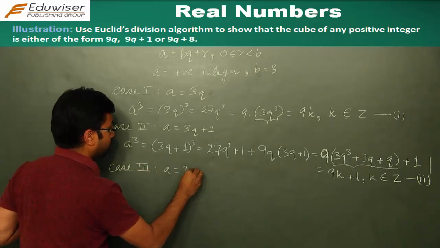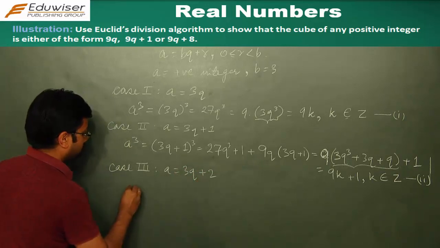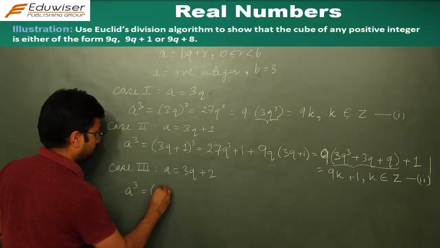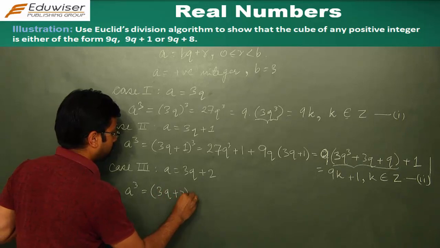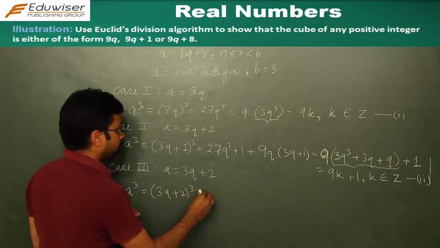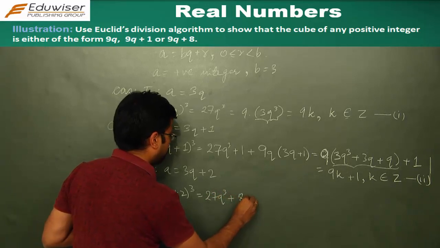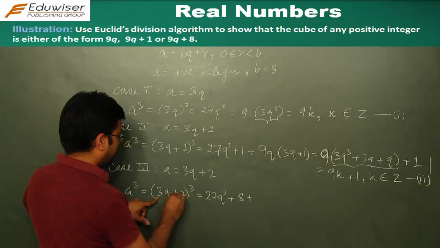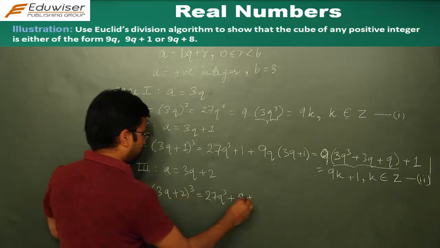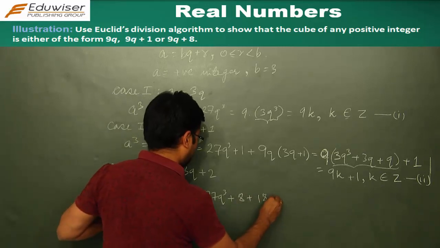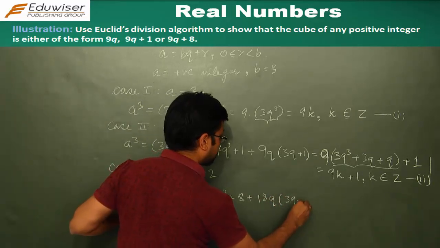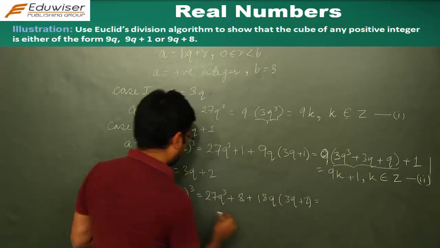where a is equal to 3q plus 2. So you have a cube is equal to 3q plus 2 whole cube. So you have a cube plus b cube plus 3ab. So it will be 9 into 2, it's 18q, 3q plus 2. And what do you get?